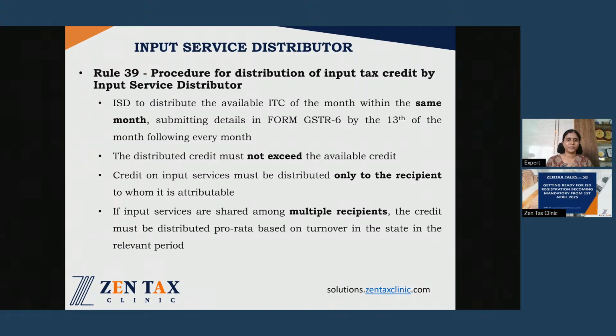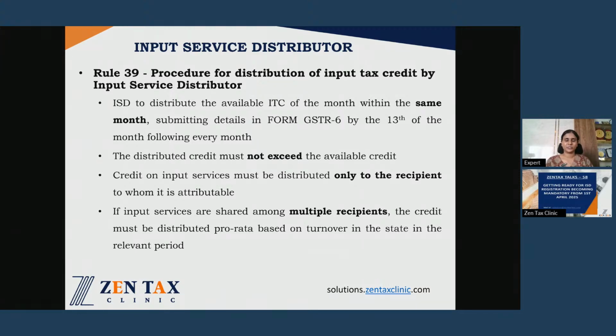Credit on input services must be distributed only to the recipient to whom it is attributable. To understand this, we can take an example. From our earlier example, ABC and Company have two factories, one at Hyderabad and one at Mumbai. With respect to their registration at Hyderabad, they have taken software services, and that service is exclusively for that factory.